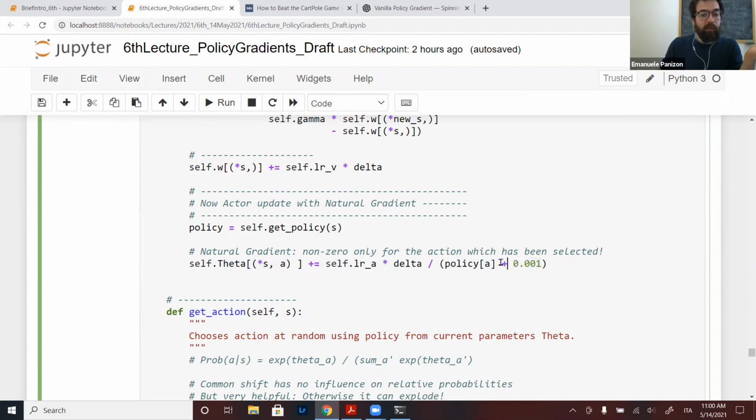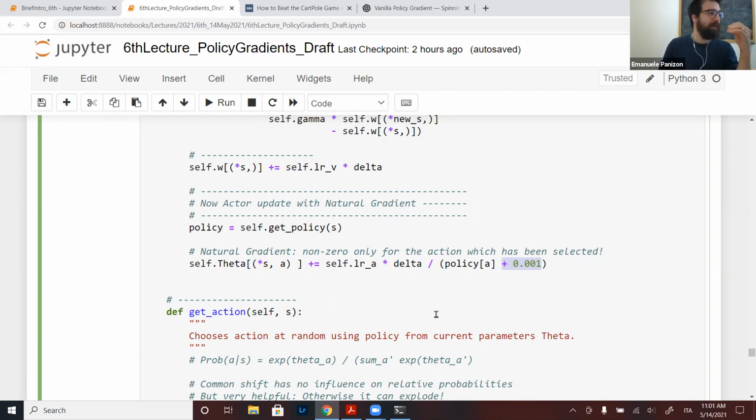A very small technical thing. Why do I have this term here? Simply because we have seen that the policy can be very close to 0, so a single update can be incredibly high. And this makes the variance overwhelming in this algorithm.